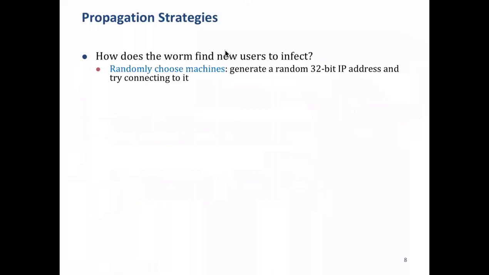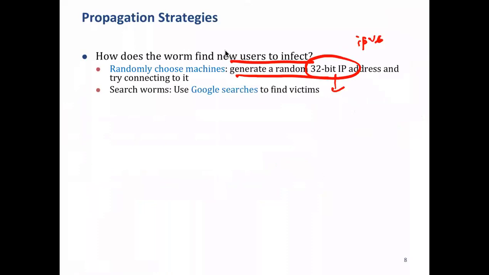How does it find new users to infect? It randomly generates a 32-bit IP address. For IPv4, and for IPv6 it can also do the same thing. So it must be using some random number generator which will generate 32-bit IP addresses. Or it can be more intelligent, so it can do Google searches to find victims.